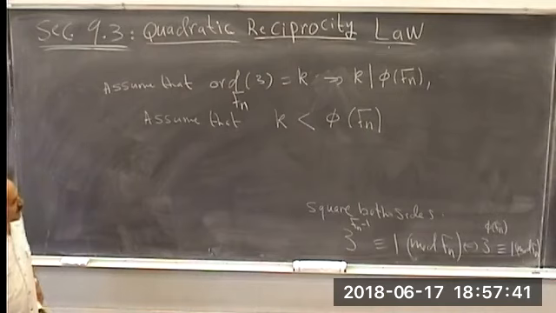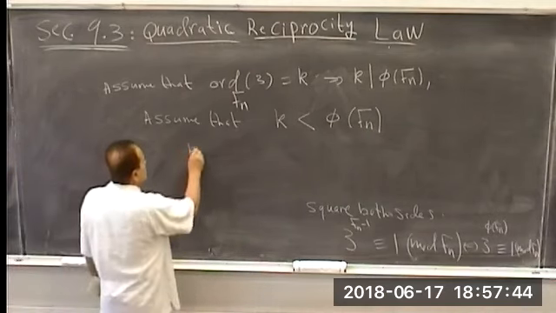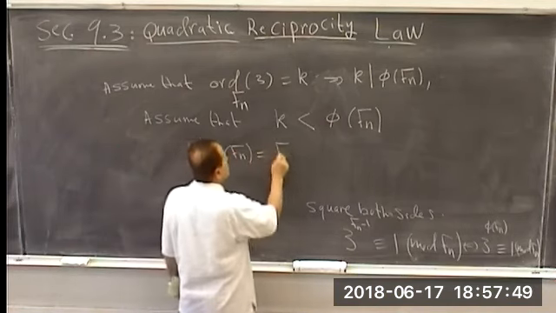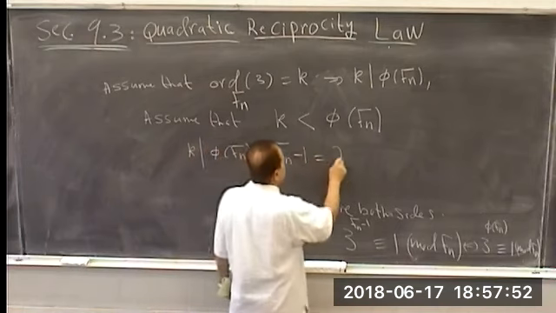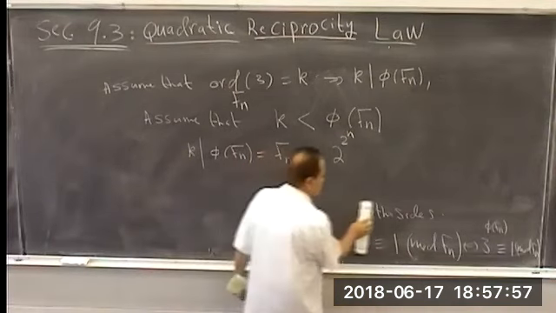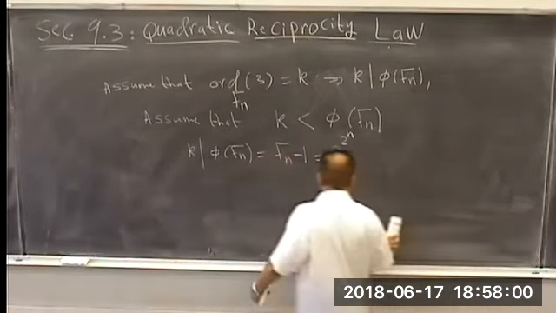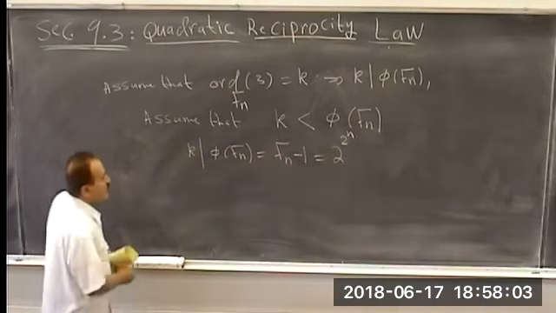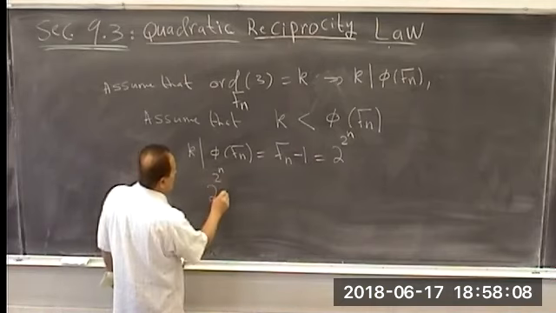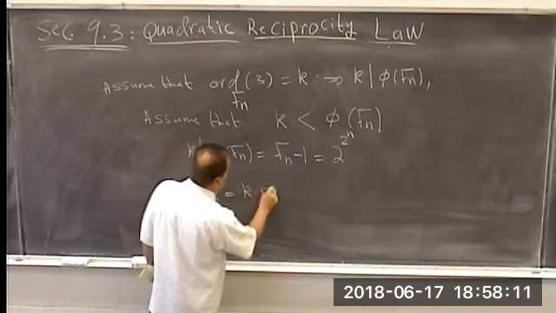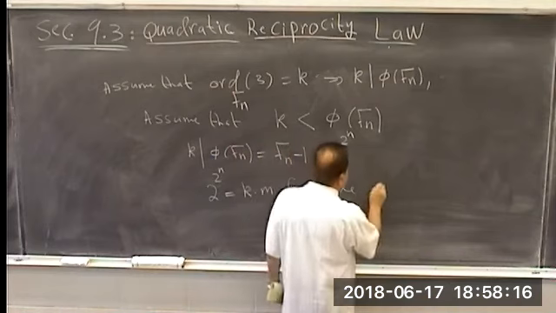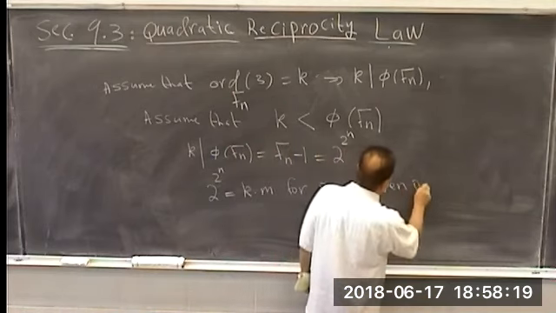Well, let's see what this means. This means k divides phi of Fn, which is Fn minus 1, which is 2 to the power 2 to the n. So this means that actually 2 to the power 2 to the n is equal to k multiplied by m for some even integer m.